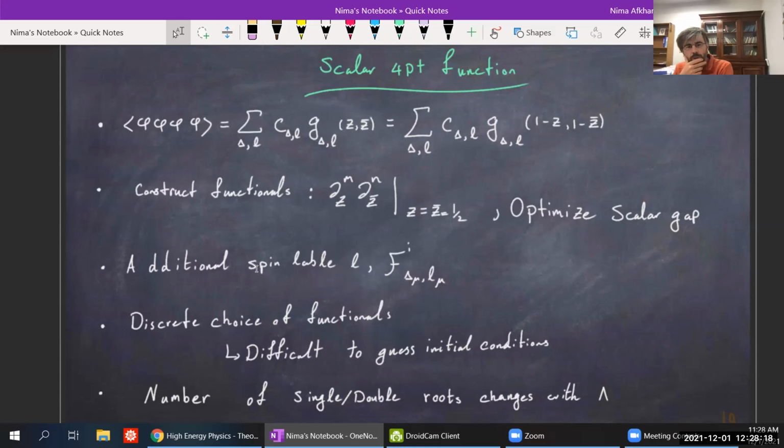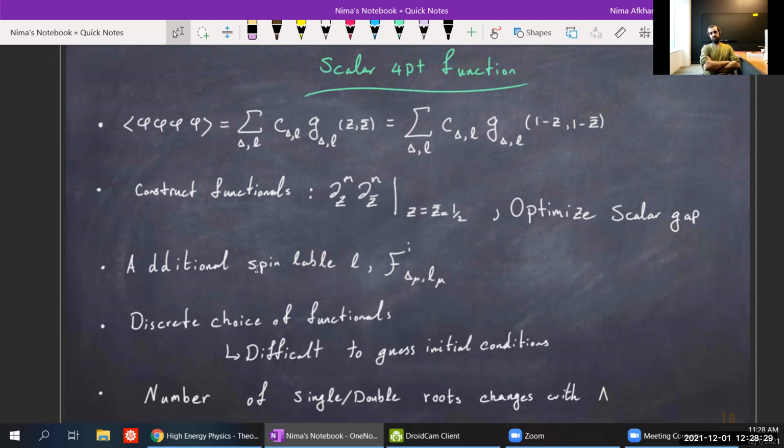Can you explain this point about single and double roots changing? So, how is it happening? As far as I can tell, it's just an experimental observation. The reason I'm saying this is I can use the traditional methods using SDPB to try and obtain the extremal functional.